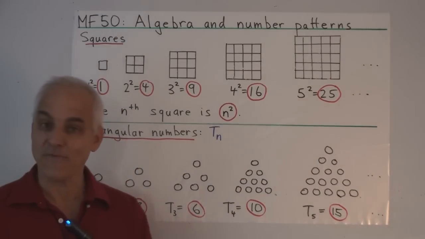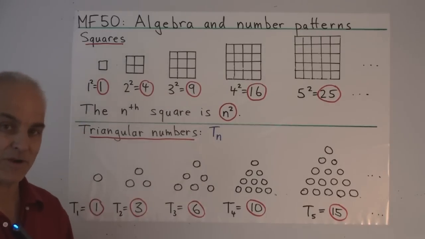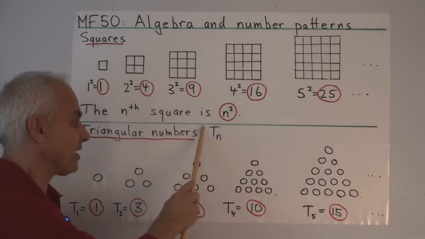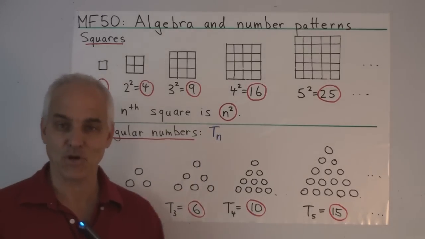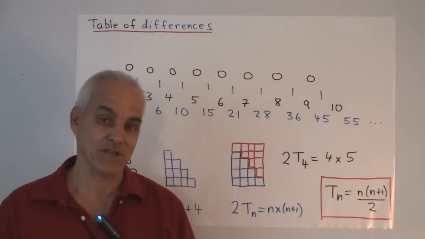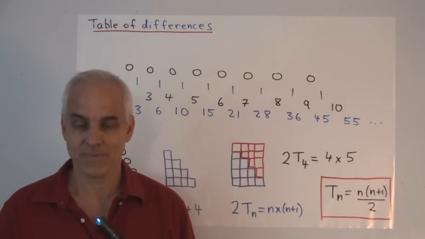It's a little bit less obvious now what a general formula for the nth triangular number is, and that's what we want. Something just like this, but telling us what exactly the Tn is in terms of n. Triangular numbers have been studied since antiquity, and they have lots of interesting properties.